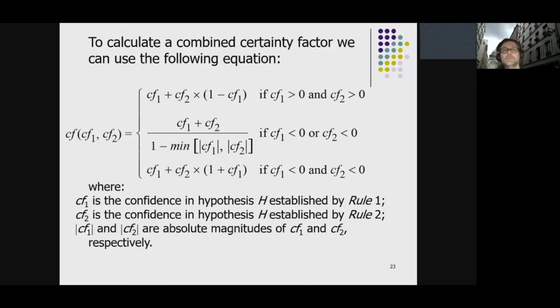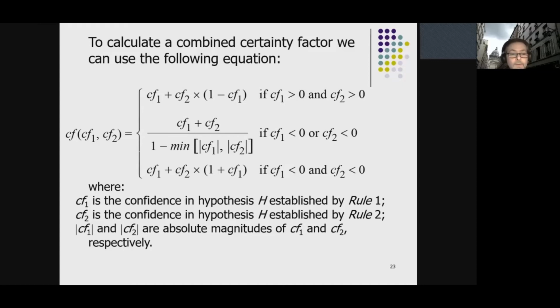But with certainty factor theory, we have very specific equations again that we need to follow in order to produce the final result, the final value. And these are the equations. They take into account the confidence in hypothesis H established by rule 1, the confidence in hypothesis H established by rule 2.